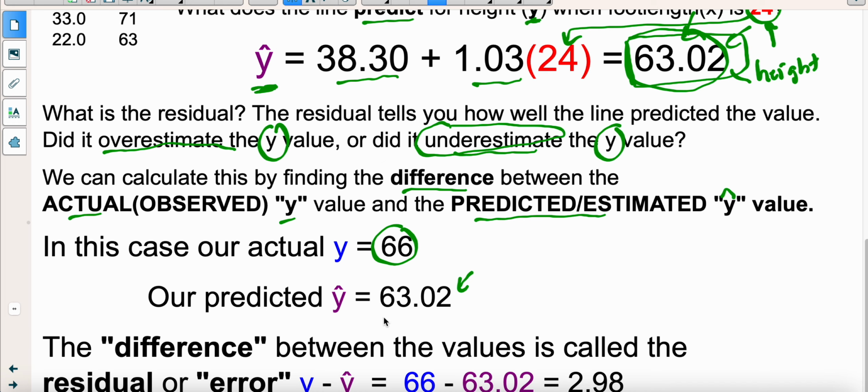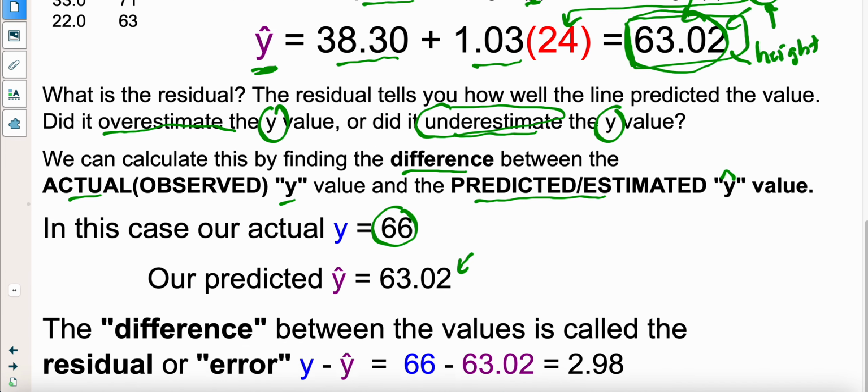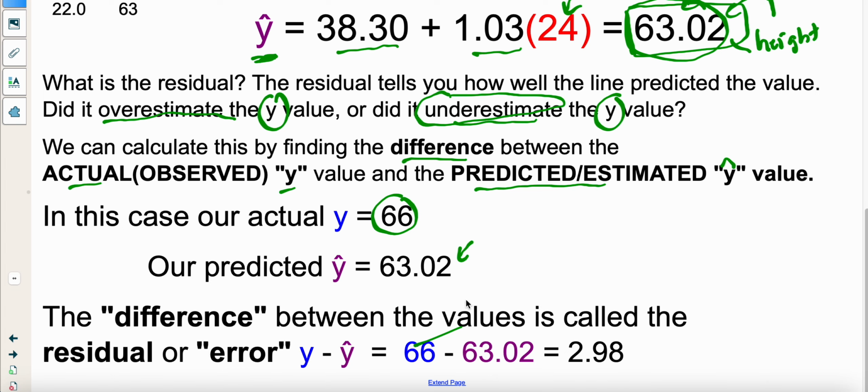So all I'm doing is I'm just taking the difference between those two. 66 minus 63.02 is 2.98. That is my residual. My actual value is greater than my estimated value, so the line is underestimating.